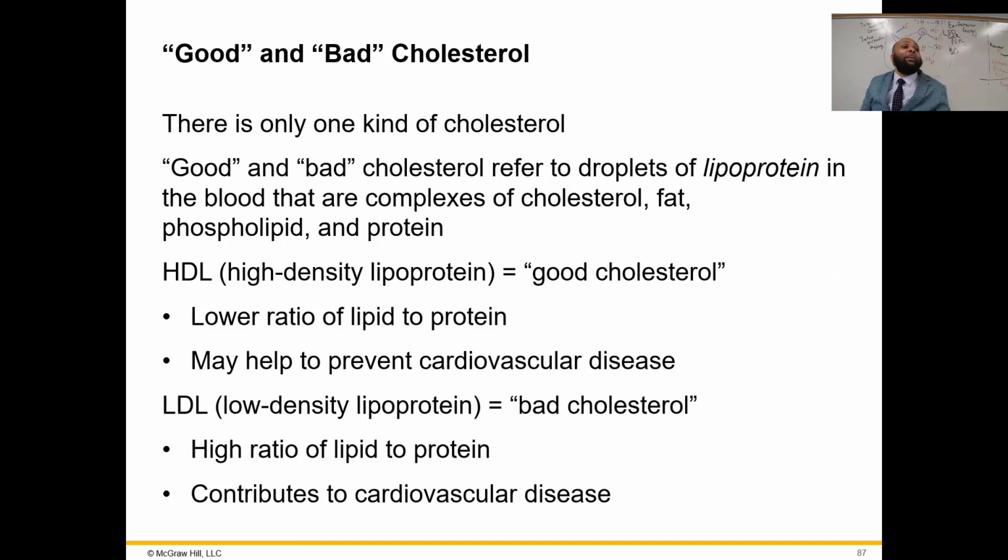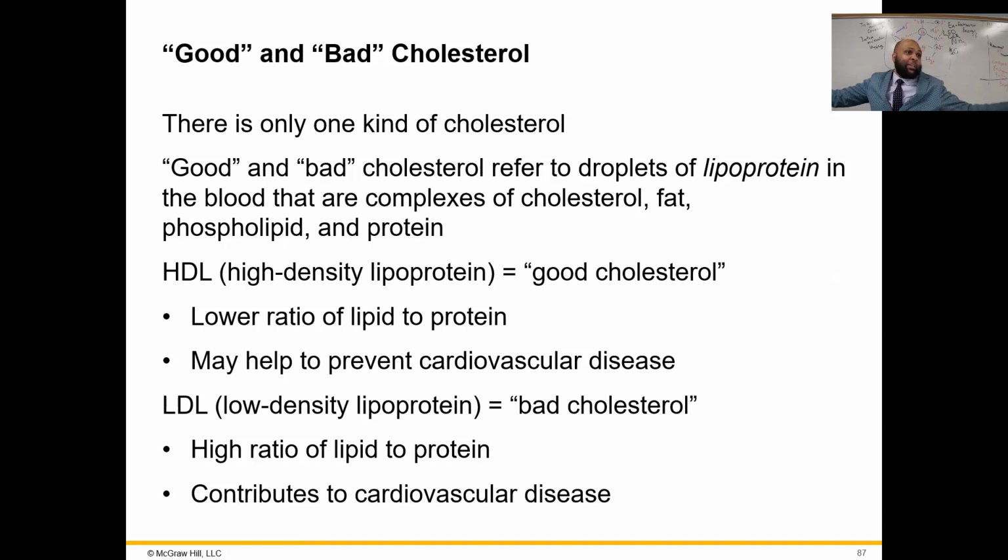So we have different kinds of submarines. There's high density lipoprotein. It is high density because it has more protein than cholesterol. We like that. But if the submarine is so full of cholesterol, that means it will have low density, because it has now more ratio of cholesterol than protein.